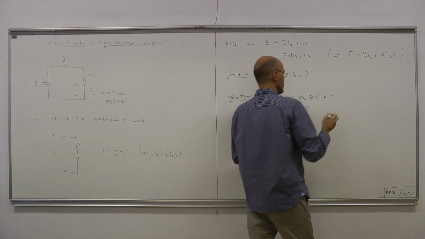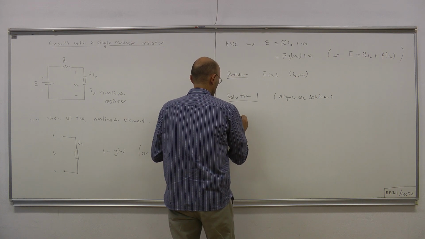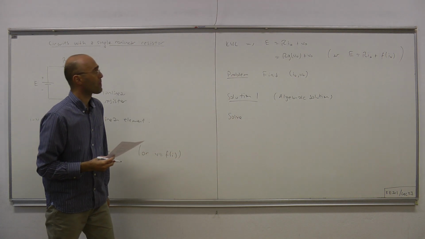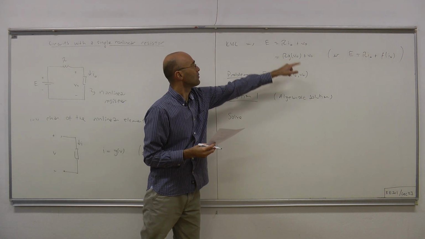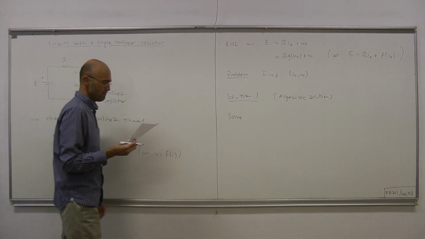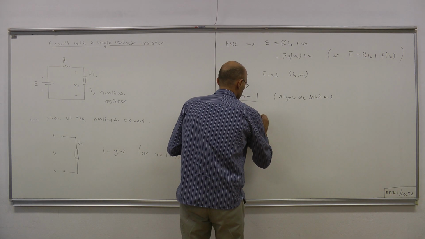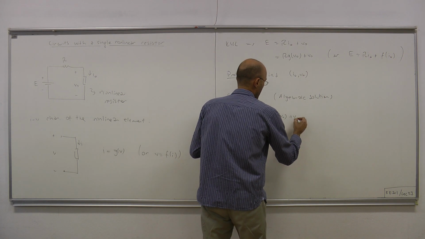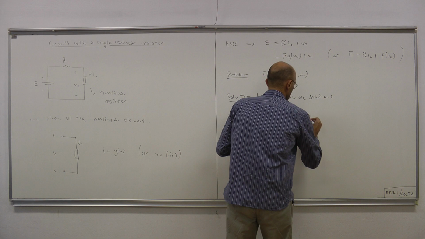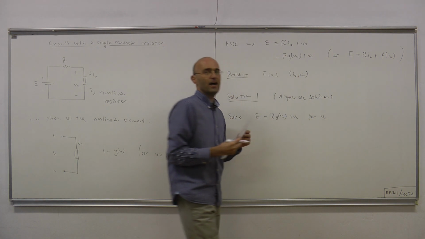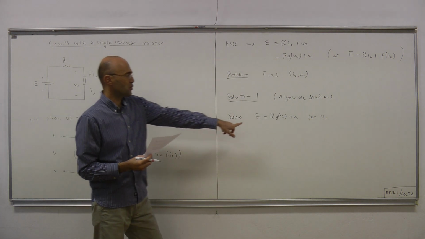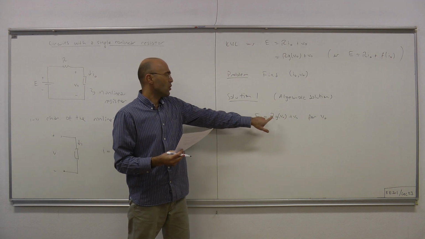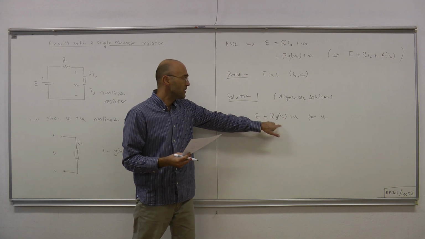Solve the equation E equals R G of V0 plus V0 for the only unknown, V0. In this equation, we assume that E is known, R is known, and this function G is known.